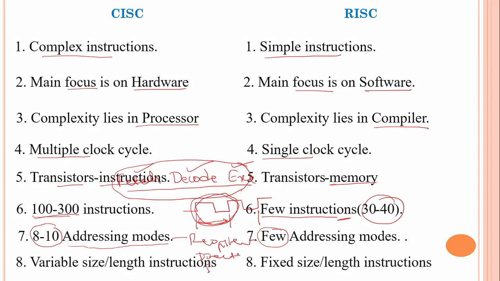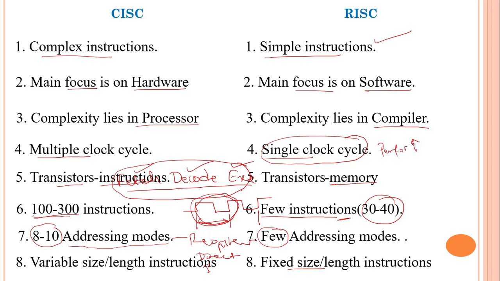The other difference is the variable size of instructions. The instructions in the CISC processor are of variable size, but in the case of the RISC processor the size is fixed. It is of fixed length. If you observe overall, between CISC and RISC, RISC has the main advantage. The first is simple instructions, which require a single clock cycle for execution. If a single clock cycle is required, the performance of the processor increases.